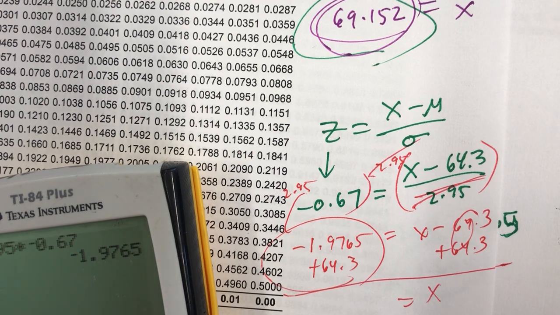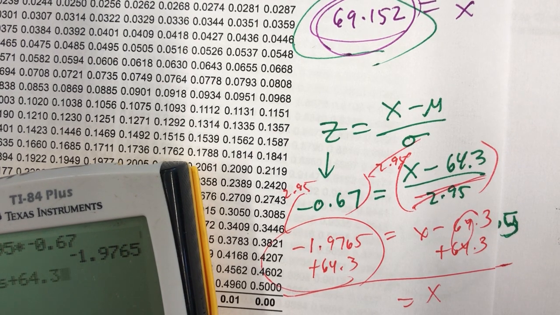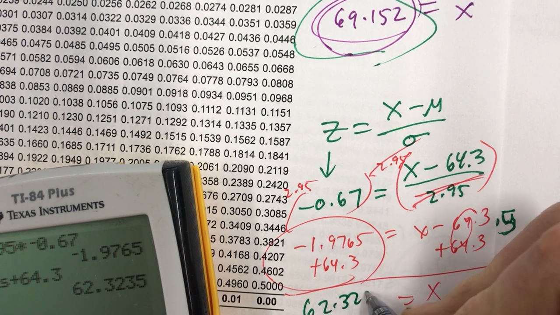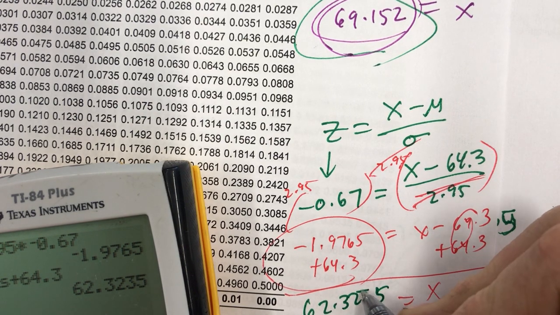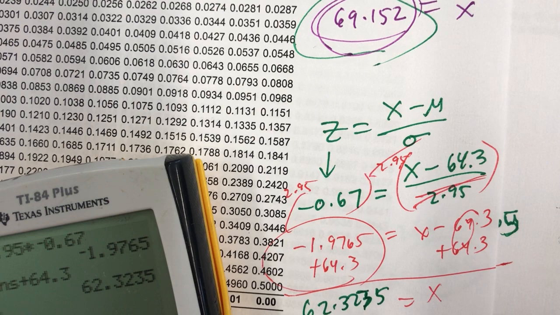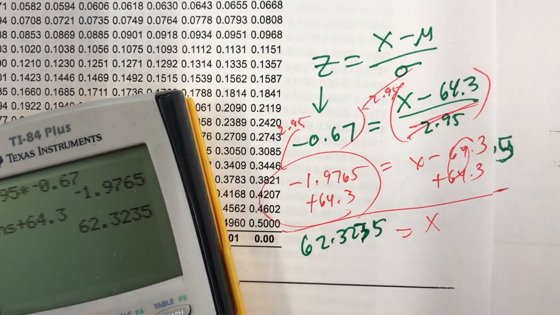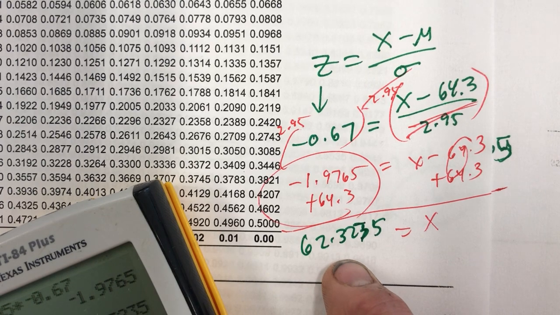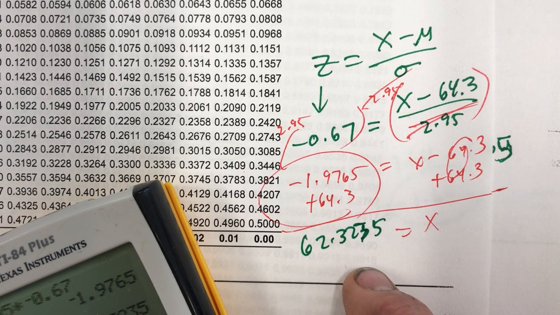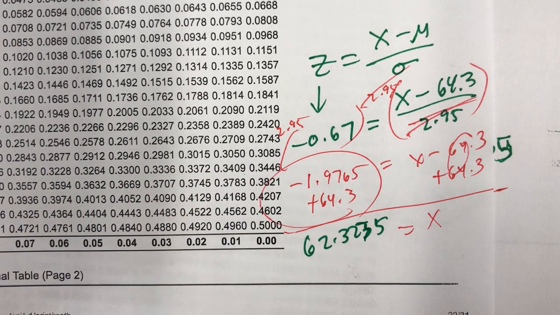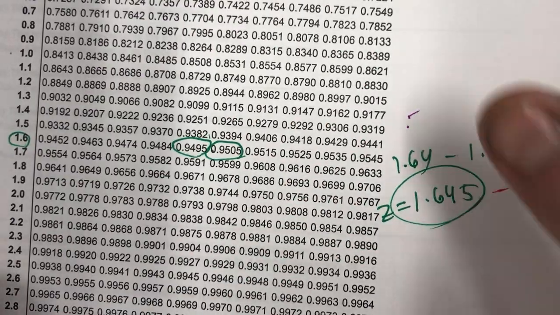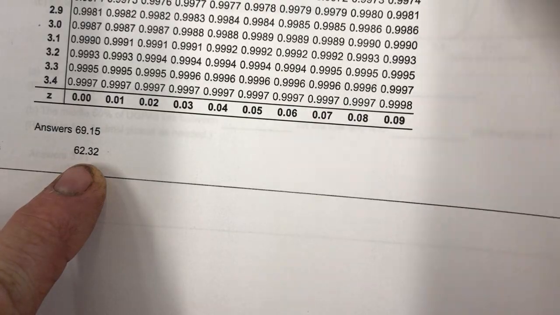So 62.3235. Okay. So this is what the height is that would put this person in the 25th percentile: 62.32. And we got that right here. See there? We're good.